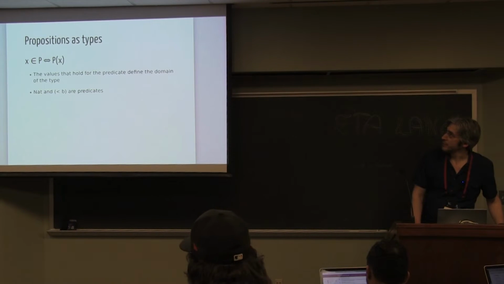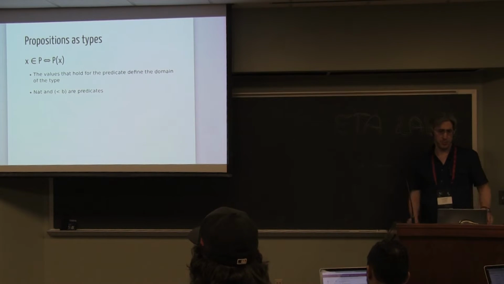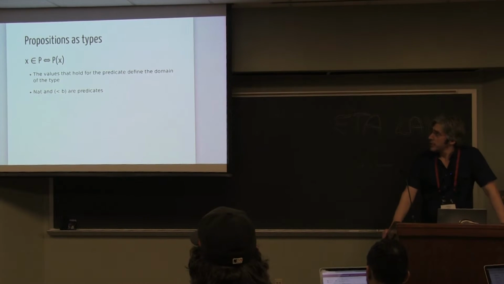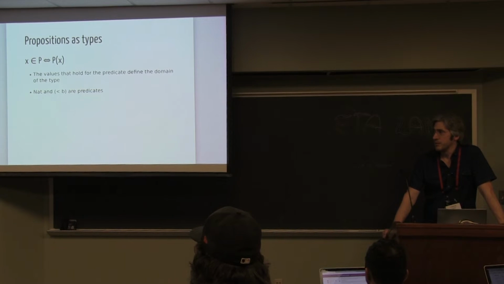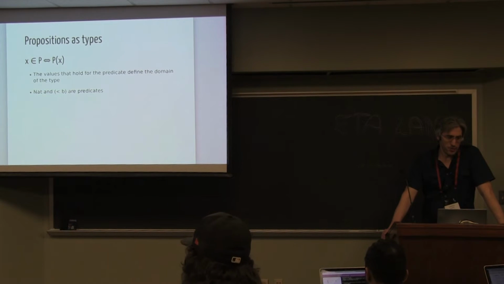This is in line with propositions as types. So there is an isomorphism between X is a member of P, or X holds for property P. For X, property P holds. So the syntax I've chosen is the one on the left.